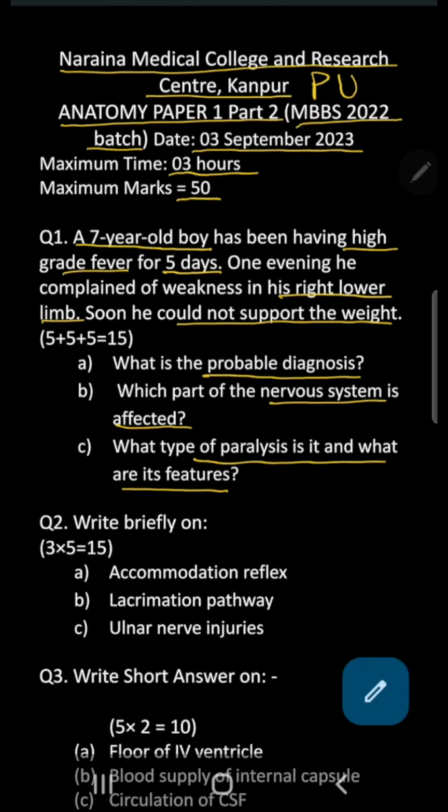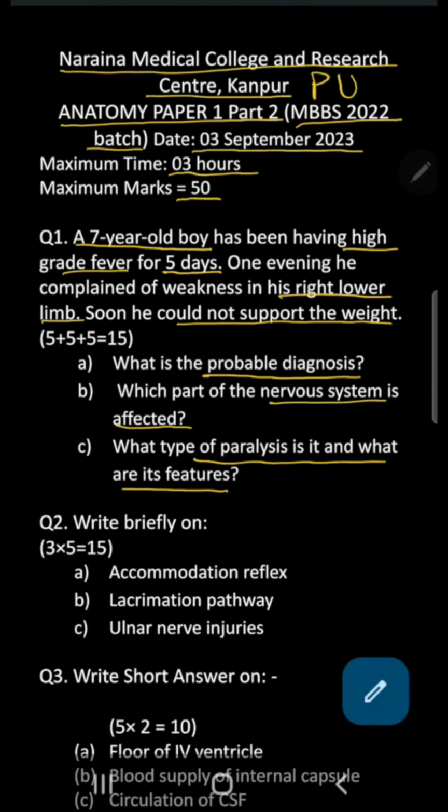And in this condition it is a flaccid type of paralysis where the muscles feel flaccid, right, and there is loss of tonicity, and the tendon reflexes get abolished, and that's why Babinski will be negative, and gradually reaction of degeneration will be seen. That means if you're not using the organ, he is not able to support his body weight on this right lower limb, his muscles will also undergo atrophy.